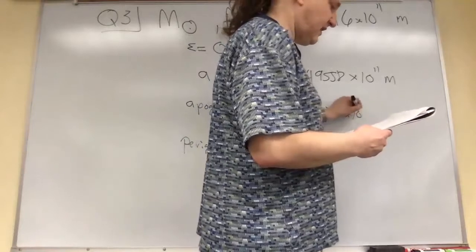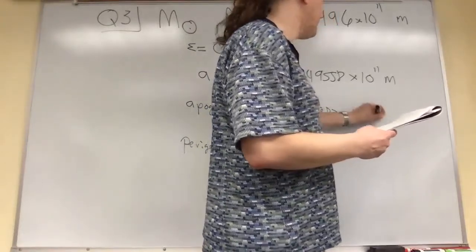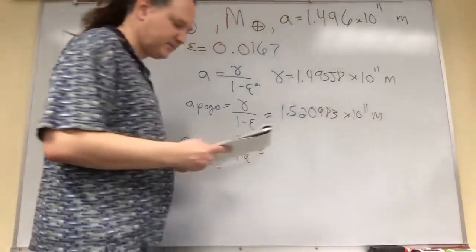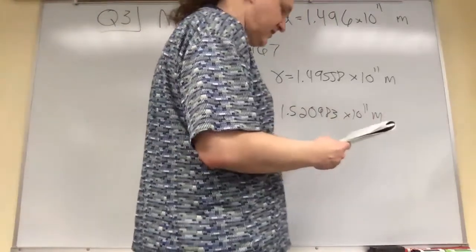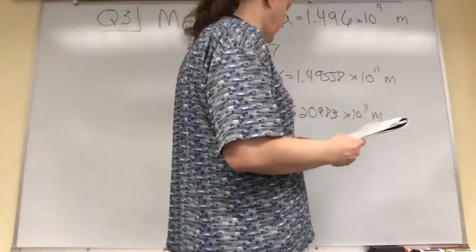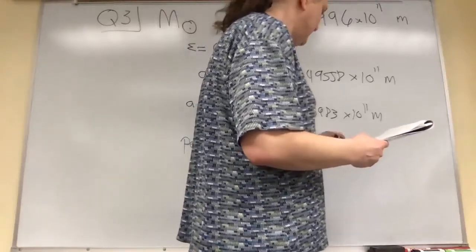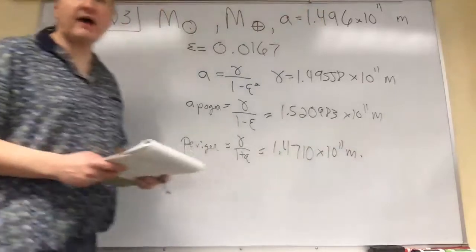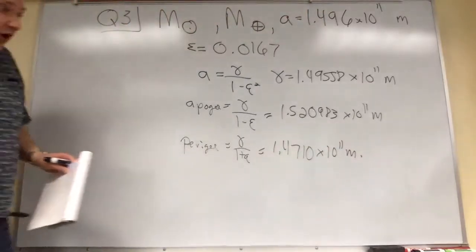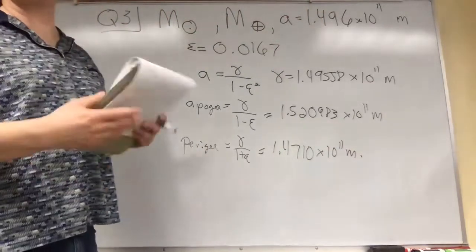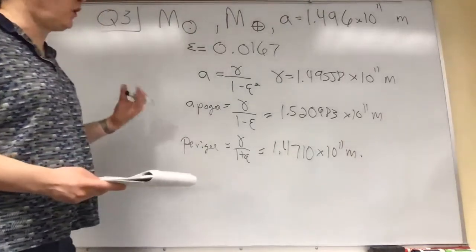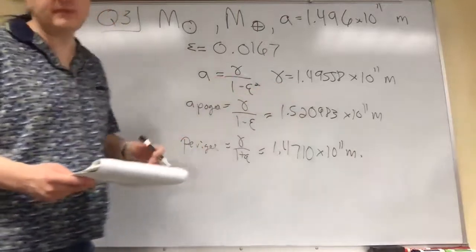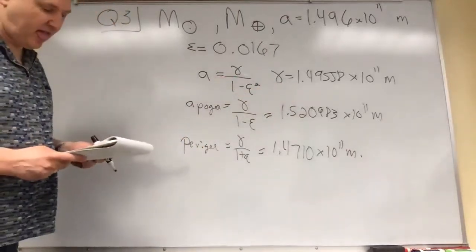And again, the significant figures are not right. Here, this one might be. All right, notice, so like I said, the Earth's orbit is highly circular, but not quite. These aren't the same, but they're pretty awfully close.